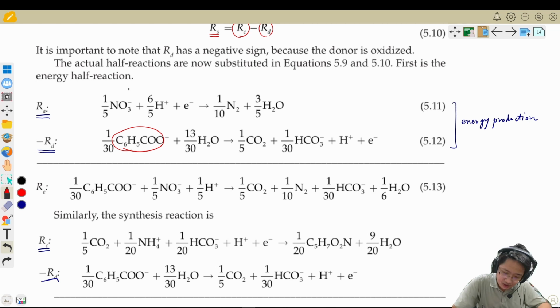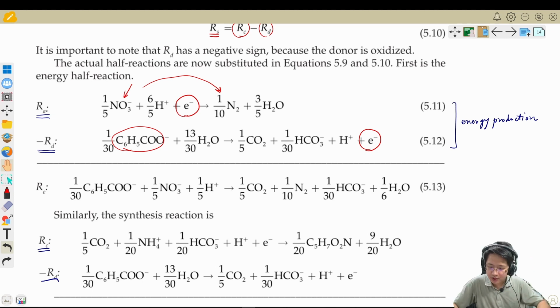Here they are selecting nitrate as their electron acceptor, converting it into nitrogen gas, and using acetate as their electron donor. So all you need to list is one electron reaction here.